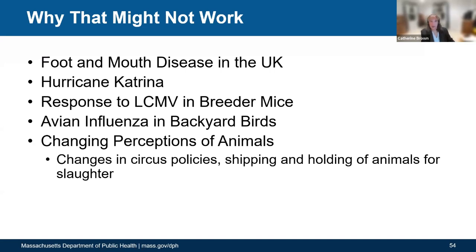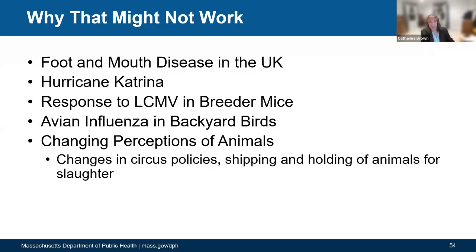There was an outbreak of a particular virus in breeder mice that actually infected some of the people who worked in the breeding colonies, and the public health response was to say you have to kill all of your mice, and that also was very unacceptable to those people. It gave public health a really bad name, and it's taken a long time for us to try to recover from that.